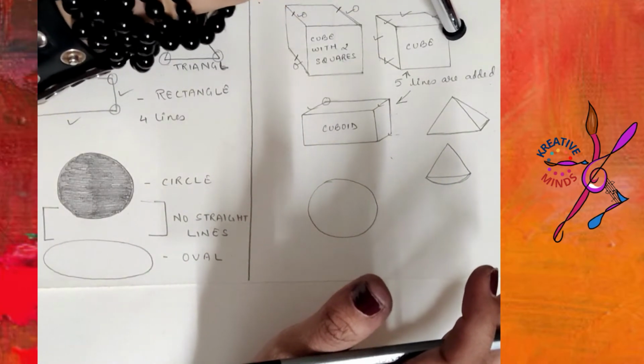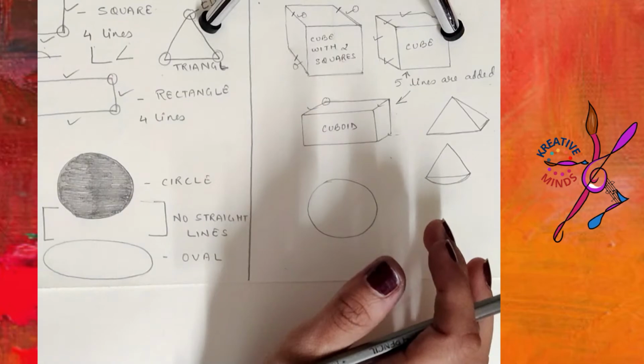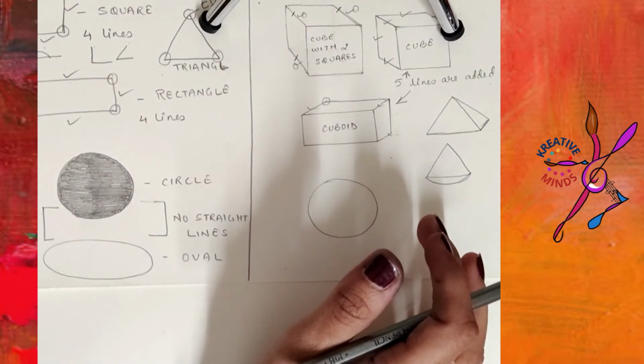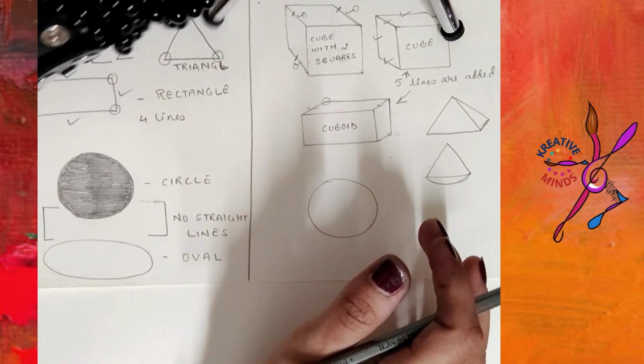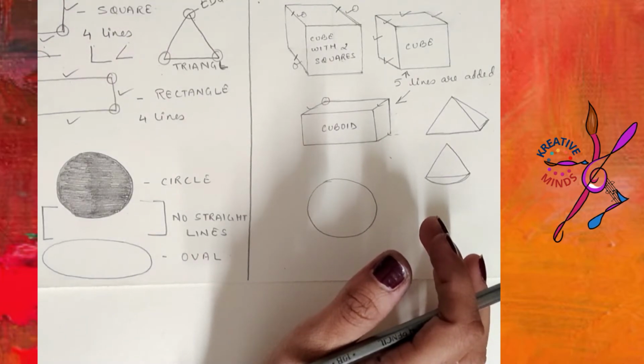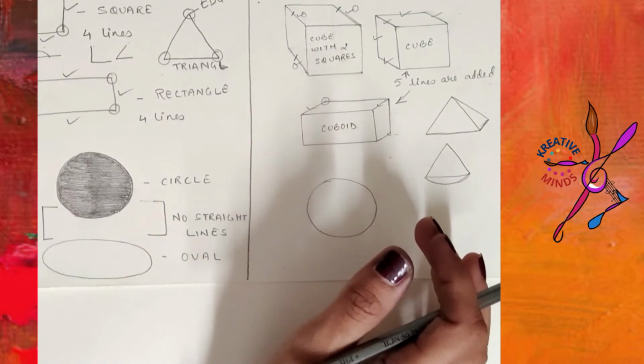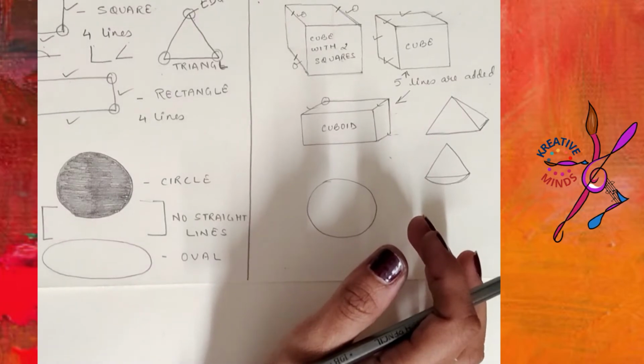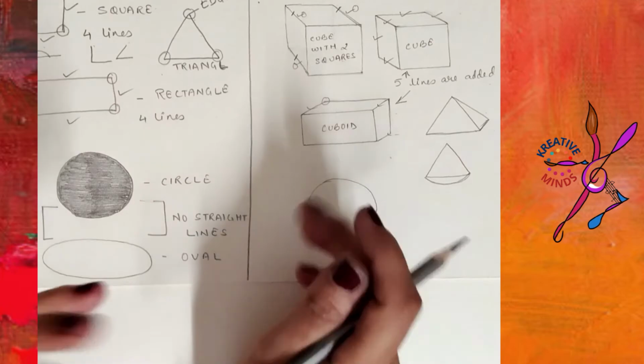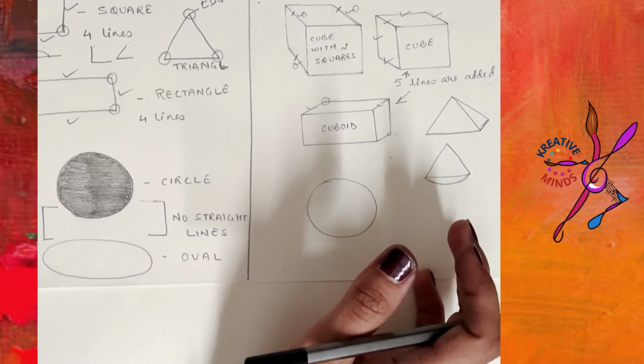Now I want y'all. Yes, Keshu. Is this okay? Yes. Ma'am, see. I understand. Correct. So what you said, it is inflated and flat. Correct. But we have to make it look like it's inflated, right?